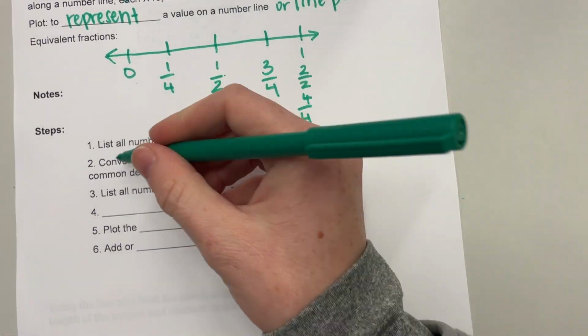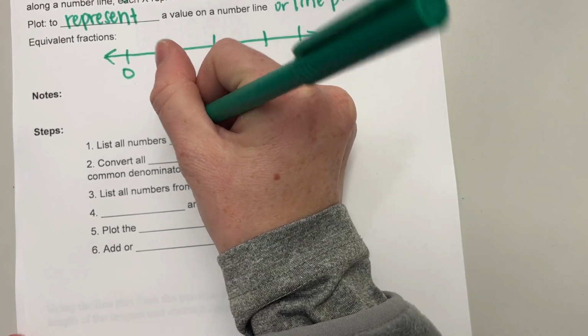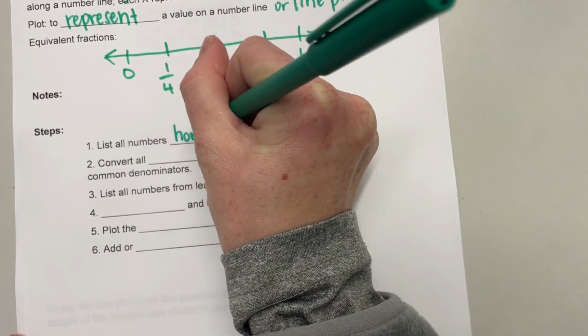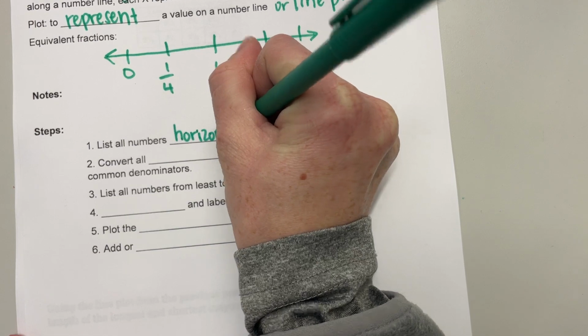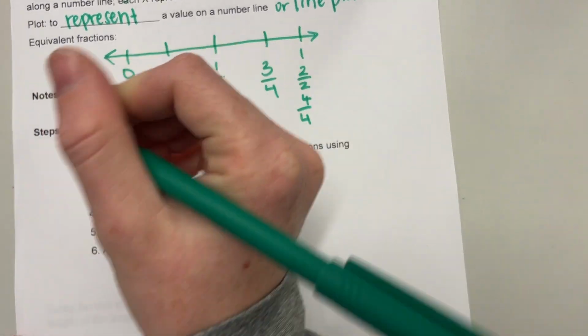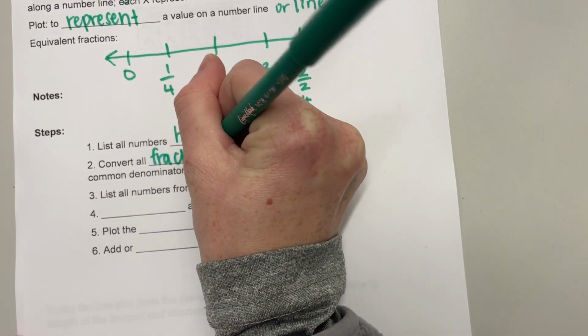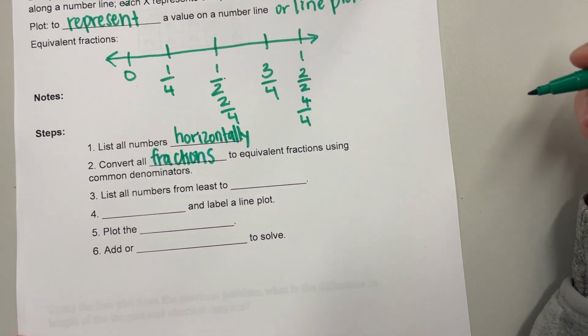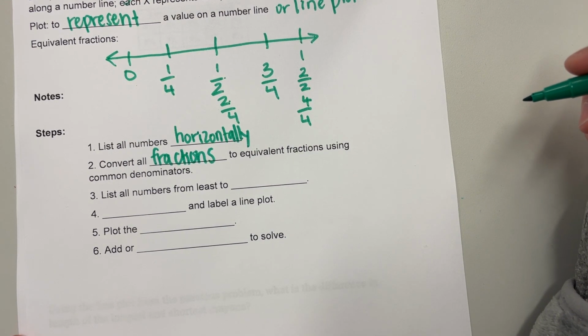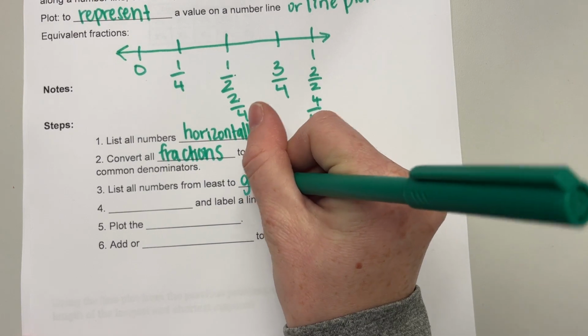Our steps. First step is to list all numbers horizontally. Second step is convert all fractions to equivalent fractions using common denominators. Step 3 is list all numbers from least to greatest.